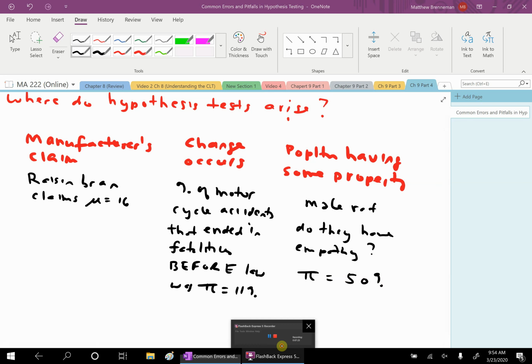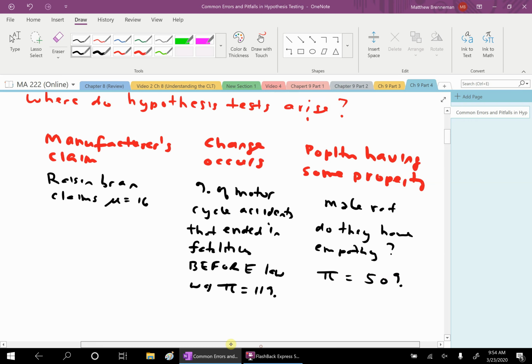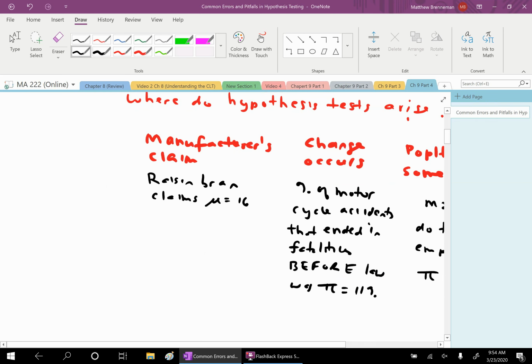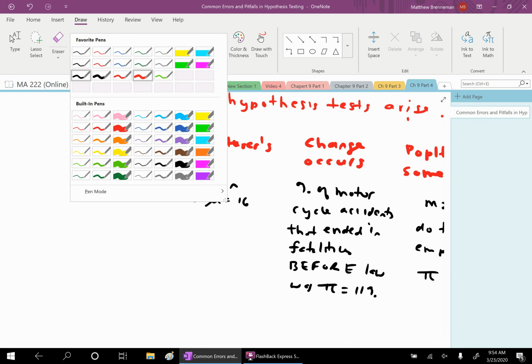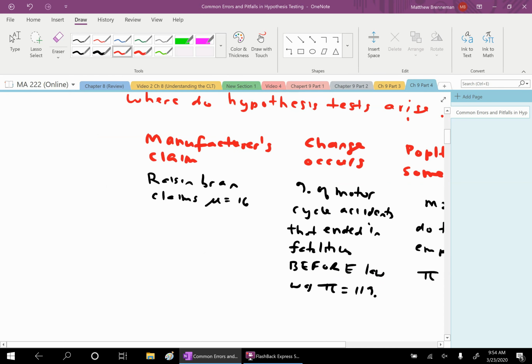Okay. And so the thing to take home from here is that if we go back to this general setting of hypotheses, we have two hypotheses, right? The first hypothesis is called the null hypothesis. And these hypotheses here would be the null hypothesis in each case.